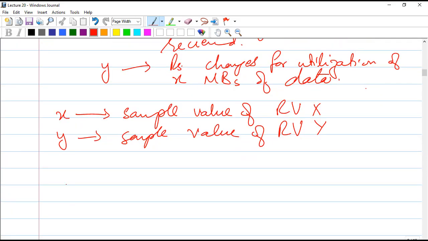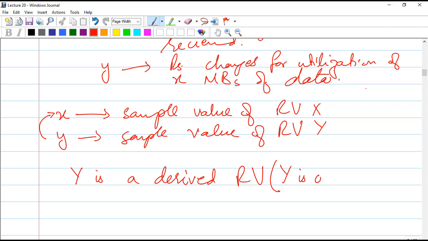Now as y is derived from the utilization of this x, we can say that y is a derived random variable, because y is obtained from another random variable.